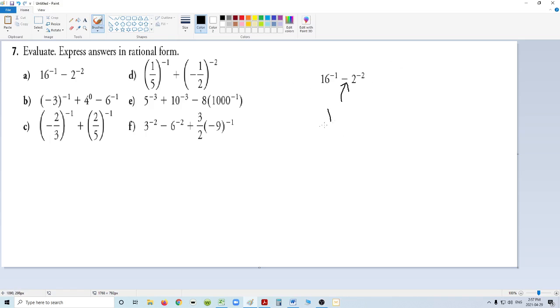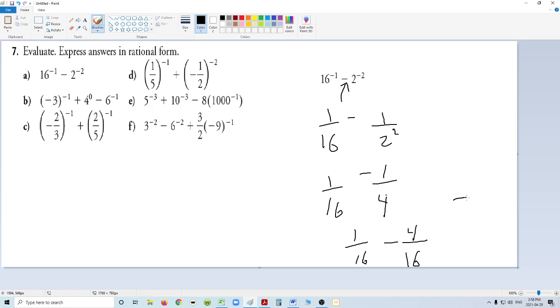So you would really just come up with what they actually mean. What did I do here? I put the 4 as a fraction of 16, which is this. So that ultimately is the answer.